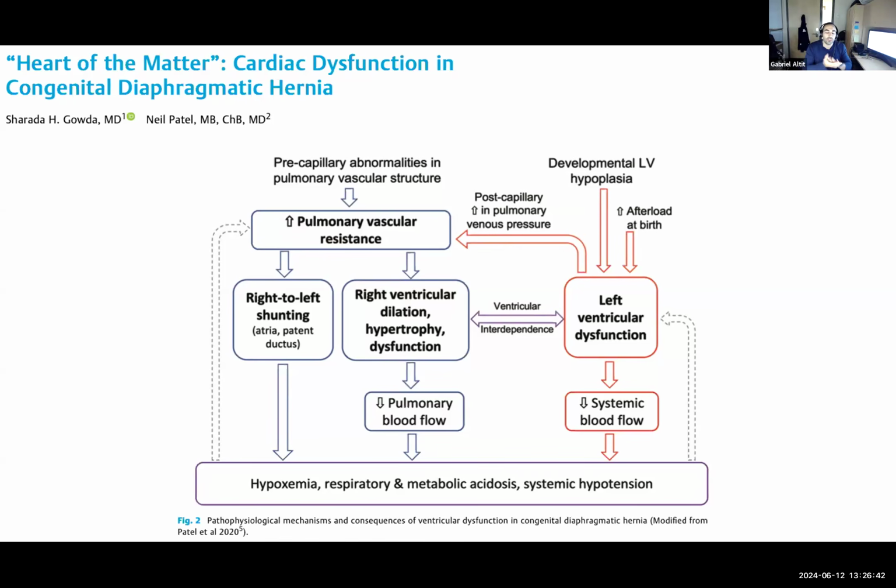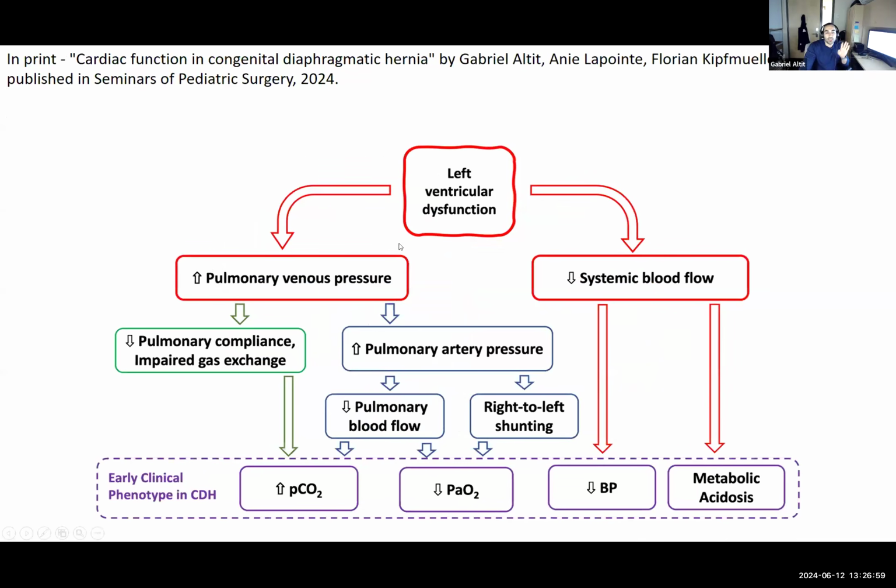And beyond the ventricular interdependence, I think there's cardiac to respiratory interdependence, where you're going to optimize the preload of your lungs and optimize the drainage of your lung, depending on the interventions that you're going to be doing to this patient. So if we look specifically at the aspect of LV dysfunction, we know that LV dysfunction can eventually lead to some degree of pulmonary venous hypertension, as well as some degree of decreased systemic blood flow.